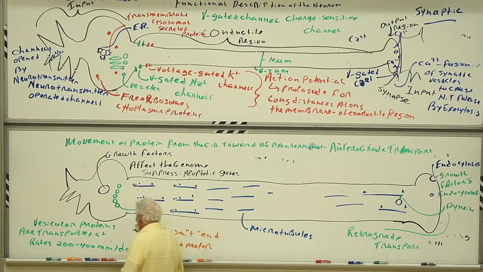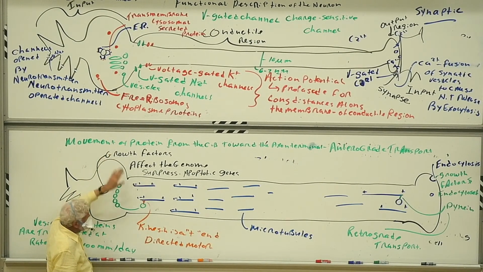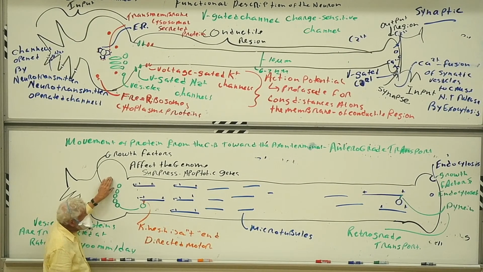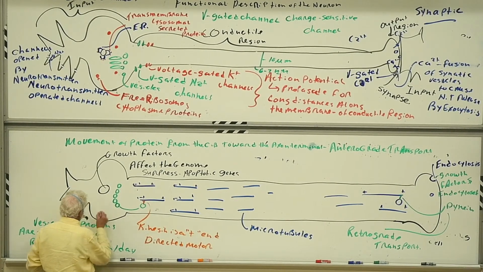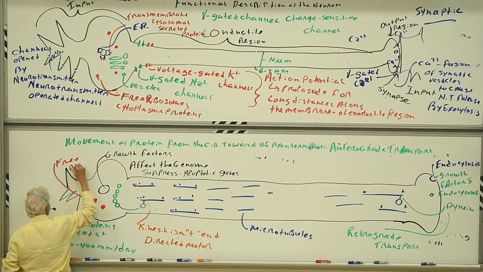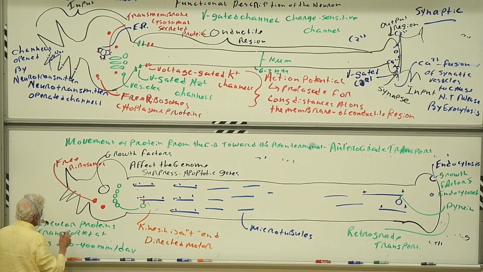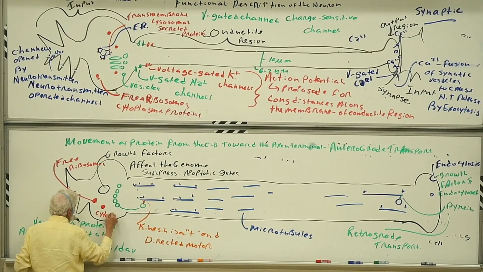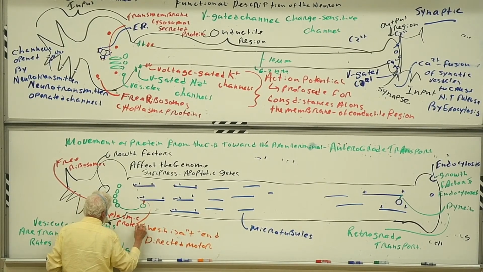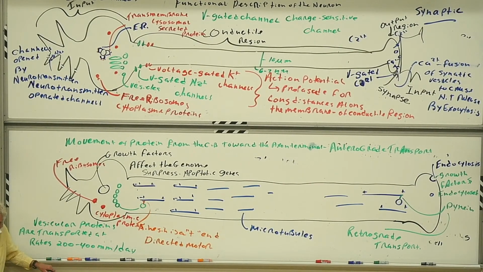But you'll remember that in addition to those proteins that are packaged in vesicles, there are proteins that are in the cytoplasm, things like tubulin and actin. All those cytoplasmic proteins are generated on free ribosomes. So the cytoplasmic proteins were found early on to move at a very different rate.